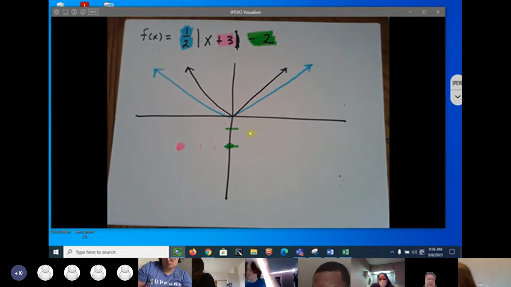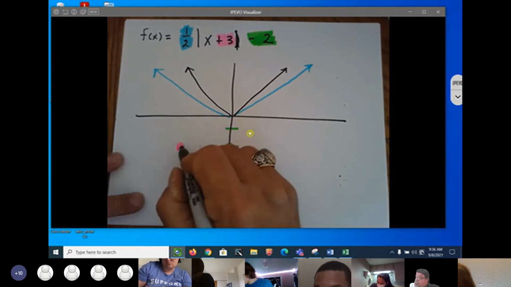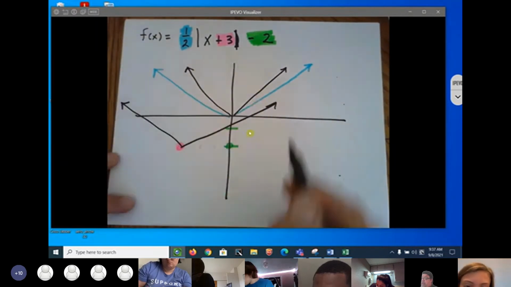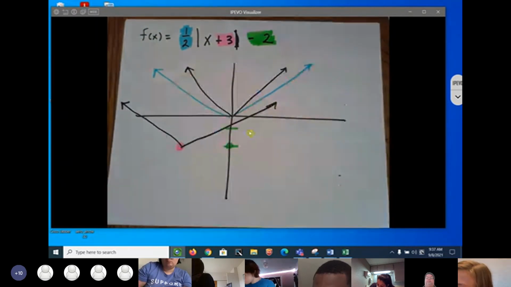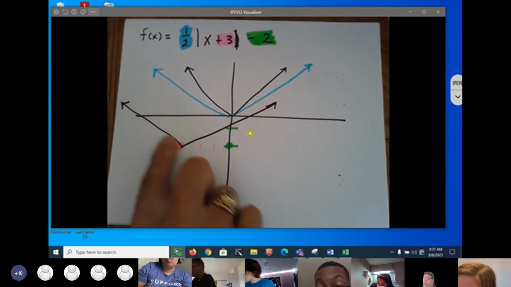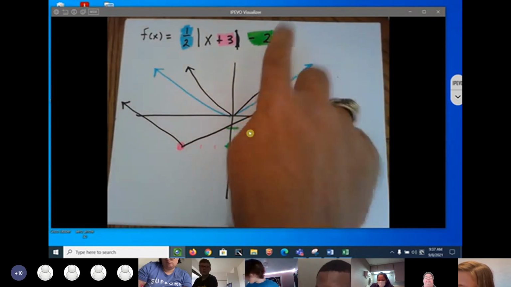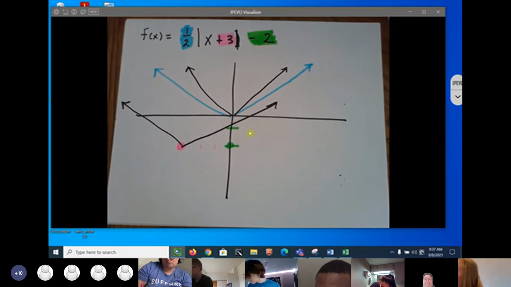And if I want to draw it now, and that is your answer. That's what this means. Now, how many of these are you going to see on the test? Probably 4 or 5, because I want to make sure you understand orientation, vertical shift, and horizontal shift.